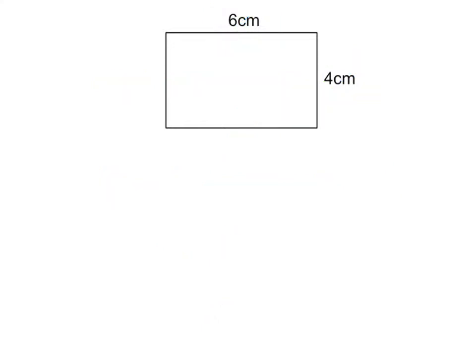There is another way to find the perimeter of this rectangle. If we notice that both of these sides are equal, we can say we need twice the length. And if we notice that these two sides are equal, we can say we need twice the width.